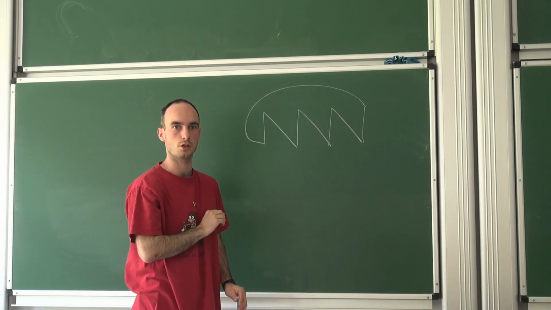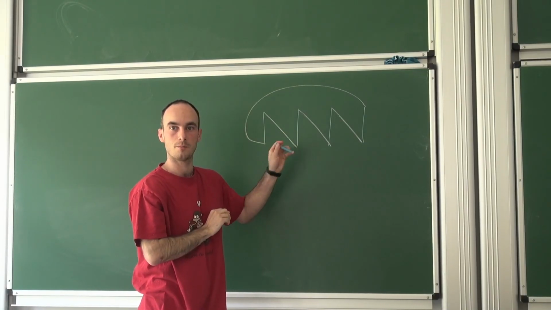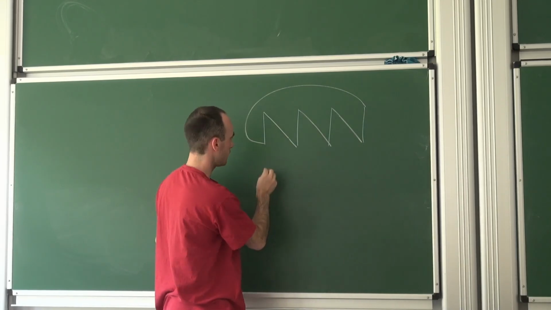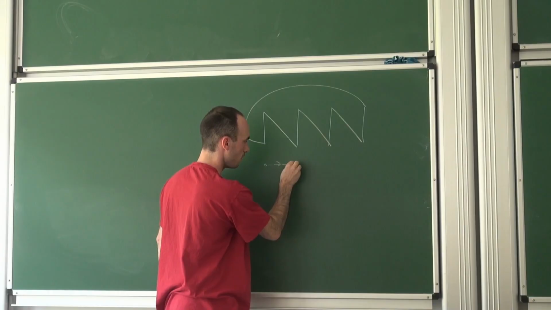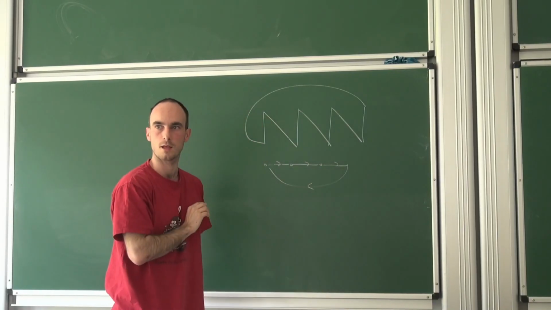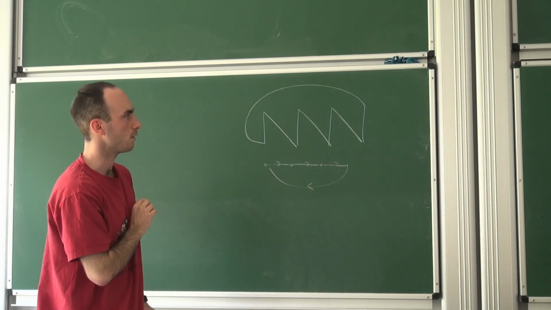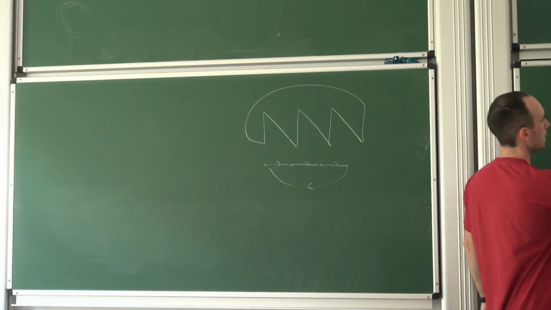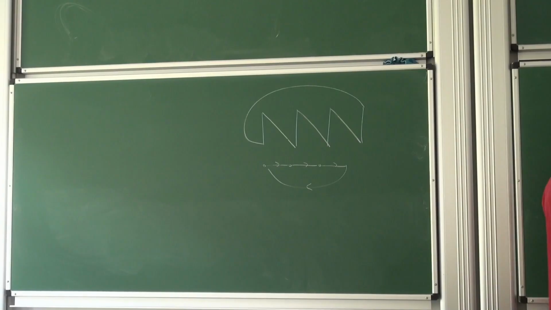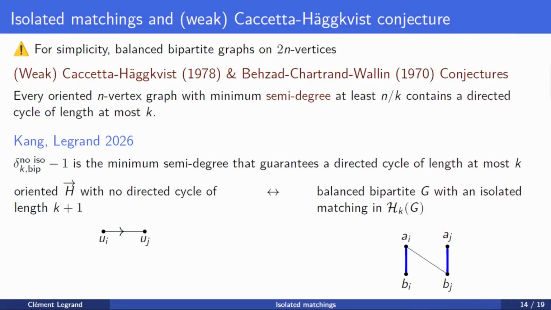This is what a switch looks like in this balanced bipartite graph. And in the original graph, this would correspond to some directed cycle of length k plus 1. Here we're taking a graph with no directed cycle of length k plus 1. So I don't have any switches that are possible in my perfect matching, so it's an isolated matching.